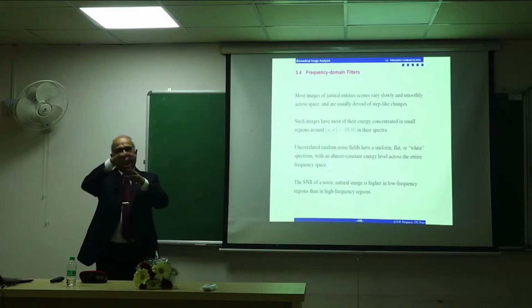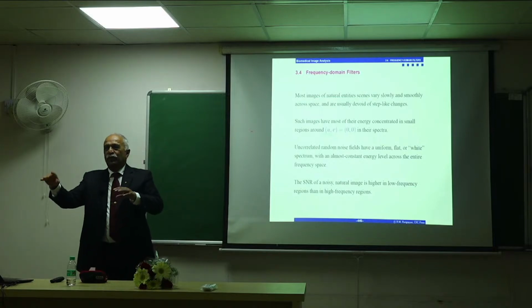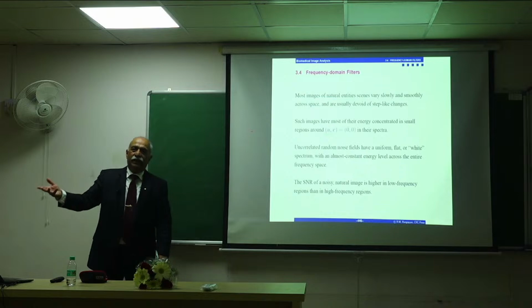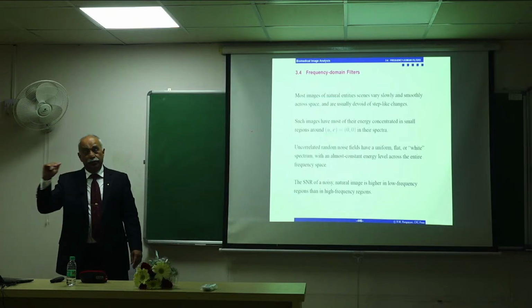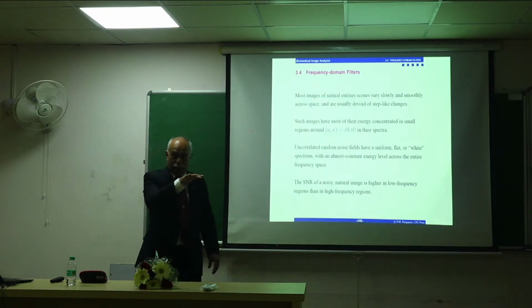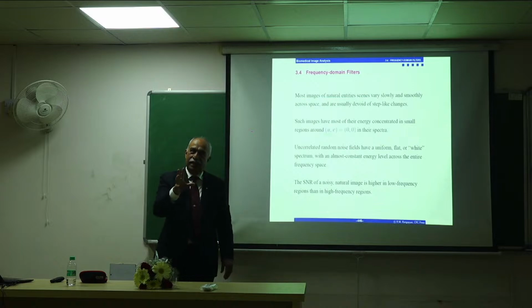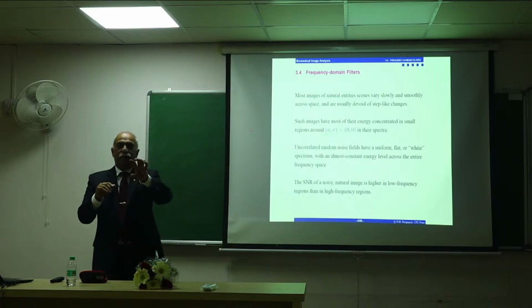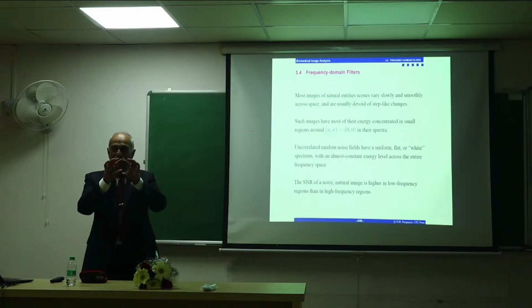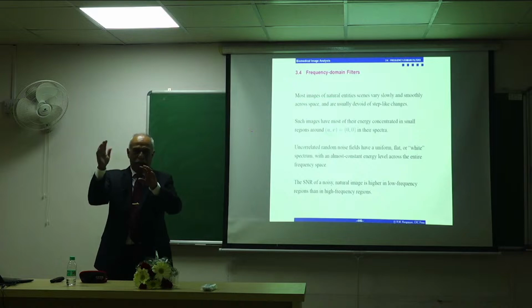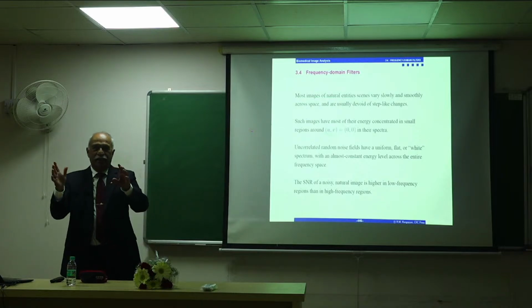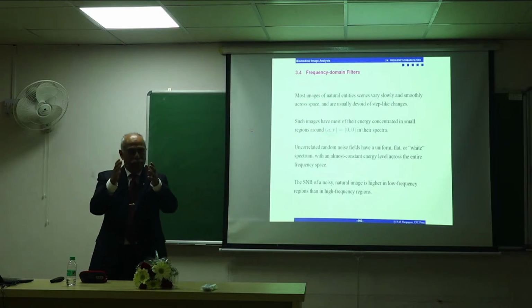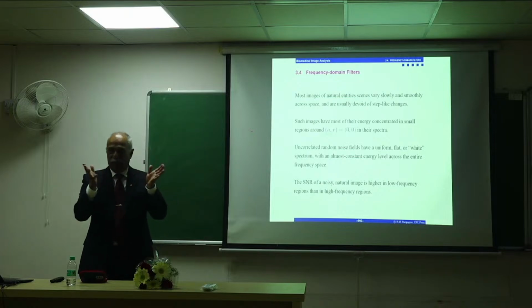Noise is constant, signal is high there and it becomes low. So signal becomes low in the higher frequency zone, noise remains the same. Note that noise exists right across the entire spectrum. So the low frequency region and middle frequency also have noise. So when you do low pass filtering and remove high frequency, the noise in the low and middle range will be there in the output. It is not removed.